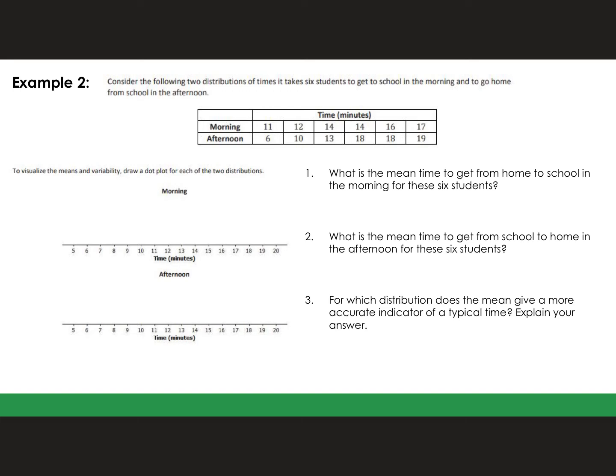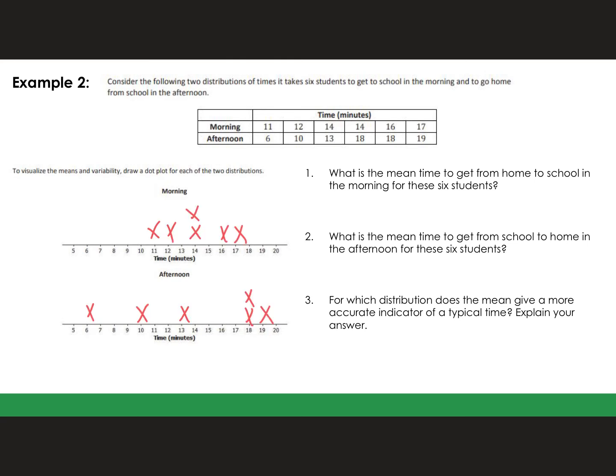Consider the following distributions of the times it takes 6 students to get to school in the morning and go home from school in the afternoon. The first thing we want to do is draw a dot plot for these. So I have an 11.